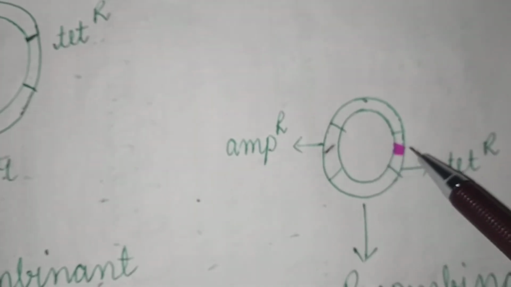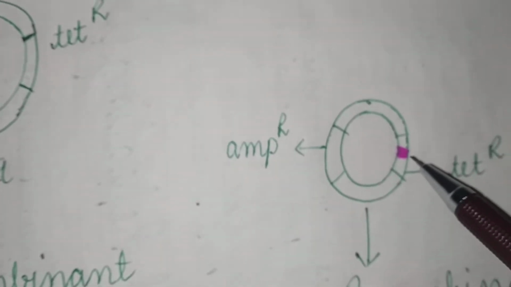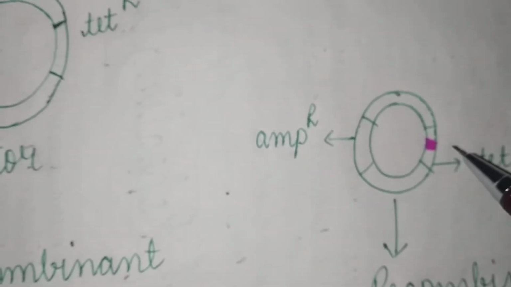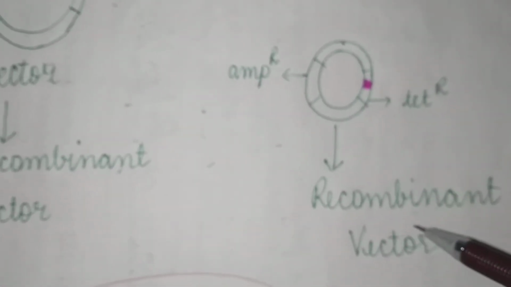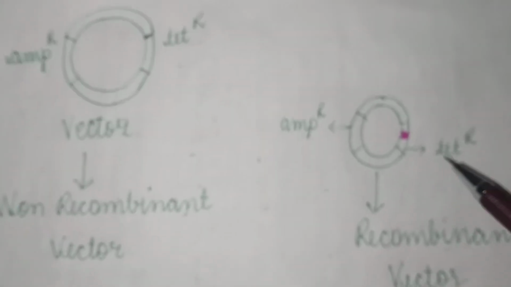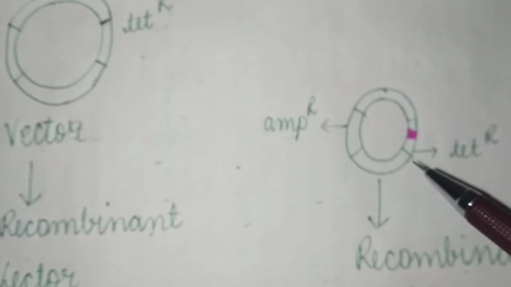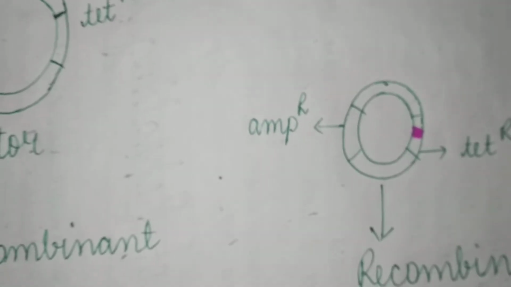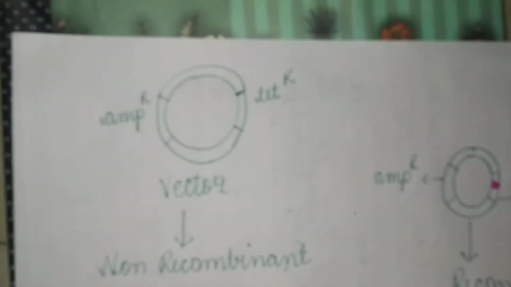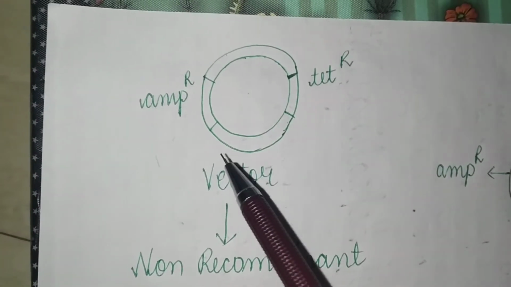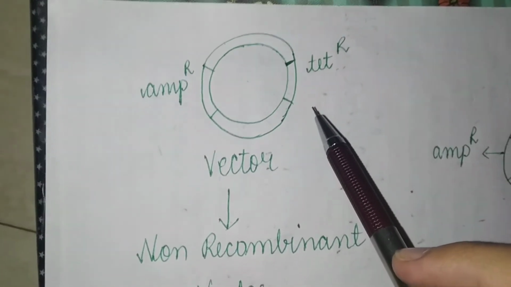But what do you see here? It has an inserted foreign DNA in the sequence of the tetracycline resistant gene. So this vector is known as a recombinant vector. In simple words, if we keep this vector in tetracycline medium, it will not survive because it has undergone insertional inactivation. But if we keep this vector, it will survive because it has not undergone insertional inactivation.